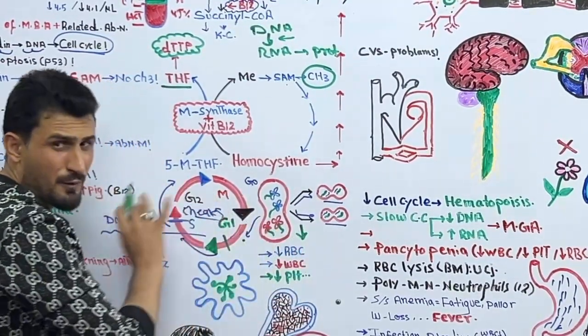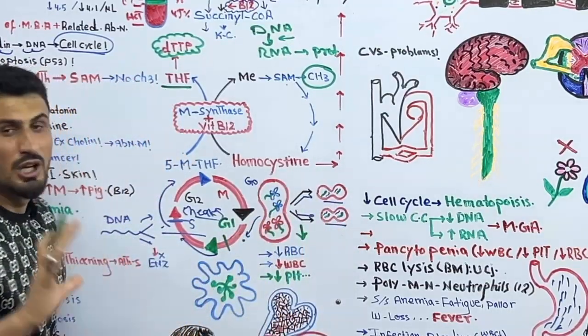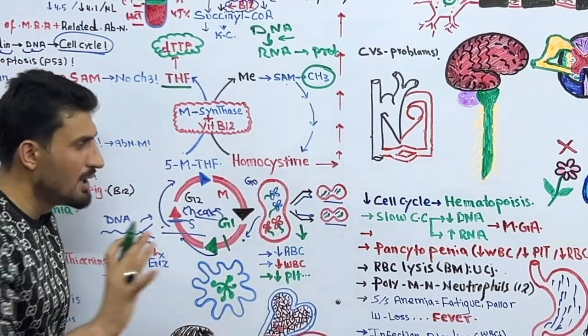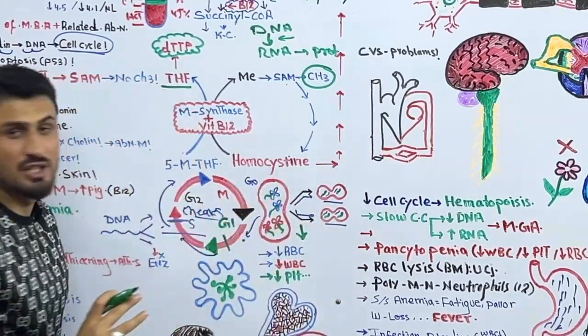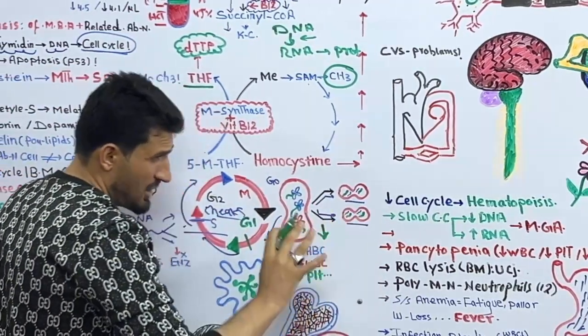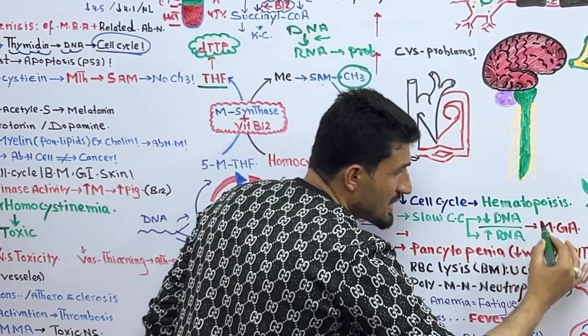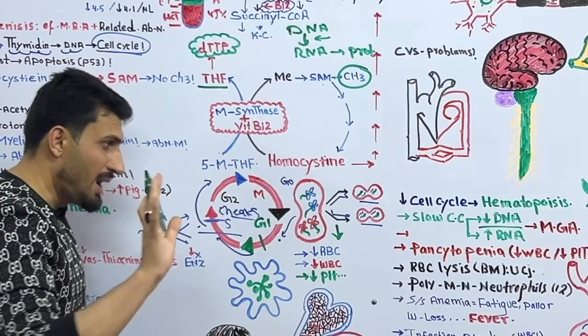In the absence of thymidine, the cell cycle slows. Plus, cell production slows. So in a nutshell, I don't have enough DNA and I don't have enough cells.